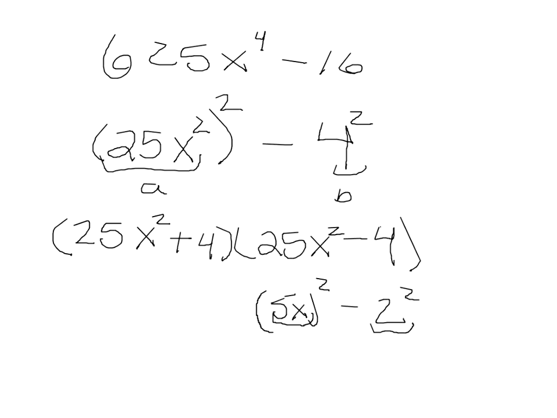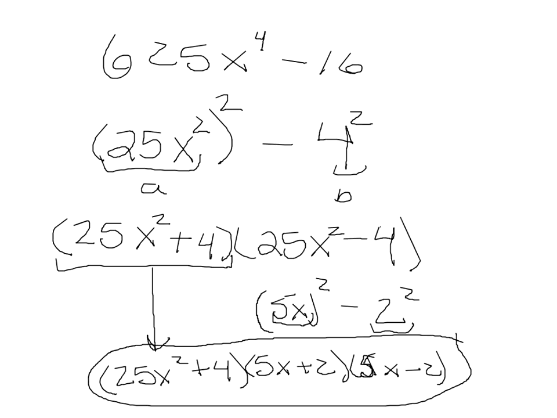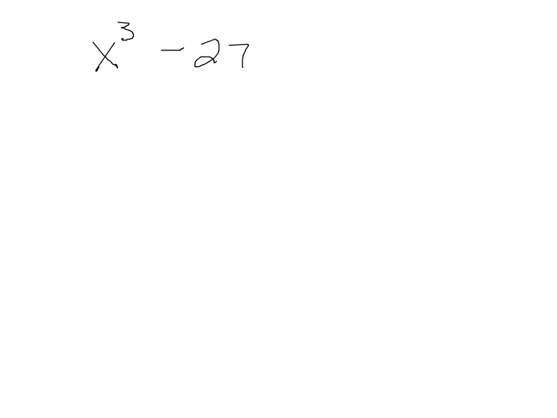So there's an A and a B. So this becomes 5x plus 2, 5x minus 2. And this part comes down. There's no formula for the sum of squares. So I get 25x squared plus 4 times 5x plus 2 times 5x minus 2. And that is completely factored.